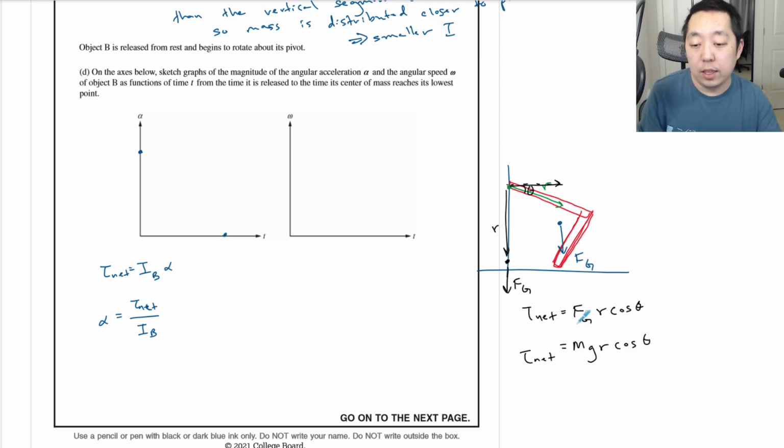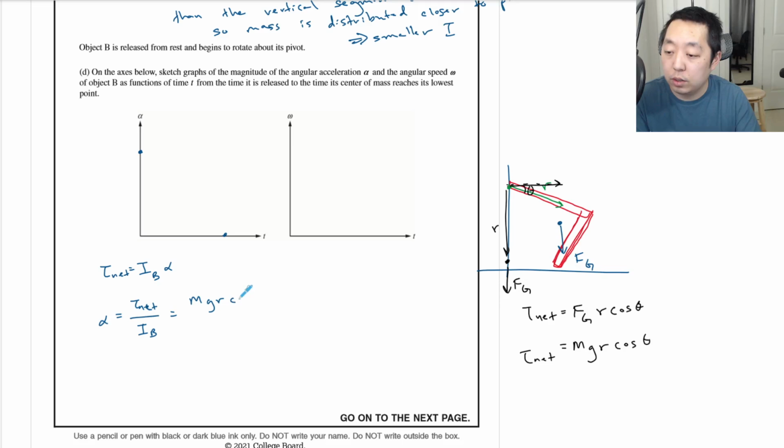Your alpha is this net torque, mgr cosine theta over I_B. All of these parts are constant with time, so I'm just going to write this as a constant k times cosine theta.